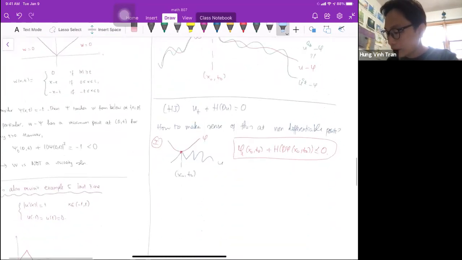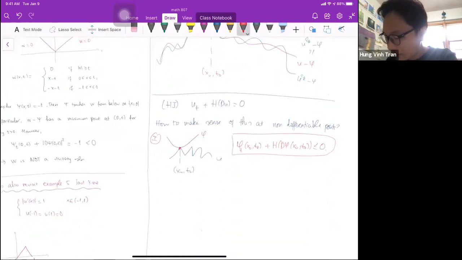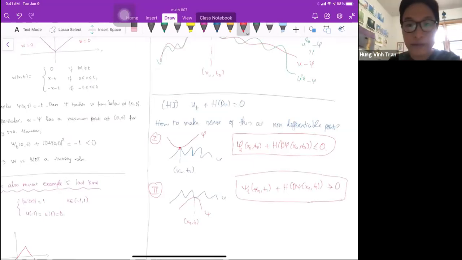In other words, the second point is that if this is your U, and you can touch it from below by phi at the point x1, t1, then you would have phi_t(x1, t1) plus H of D phi(x1, t1) greater or equal to 0. Okay, so those are the definitions.